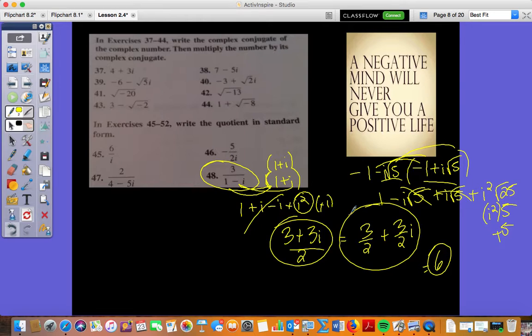So to do this, we're going to distribute negative 1 times negative 1. We're just going to distribute this one and this one.